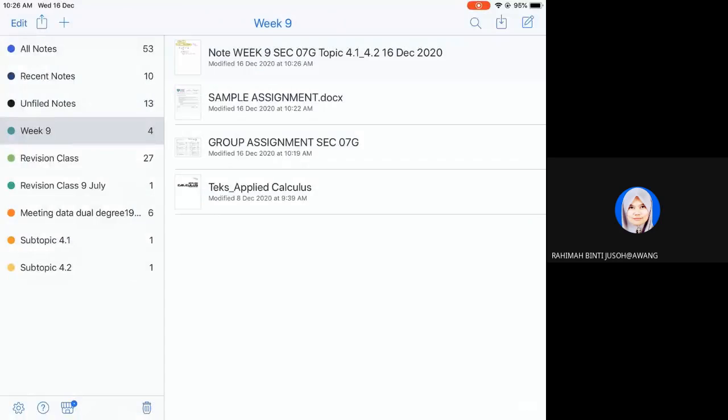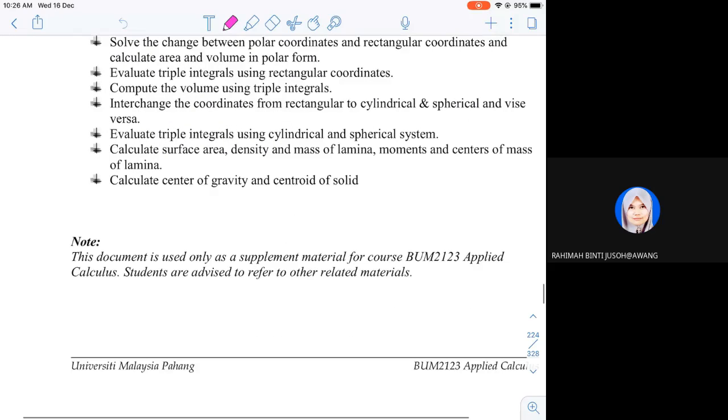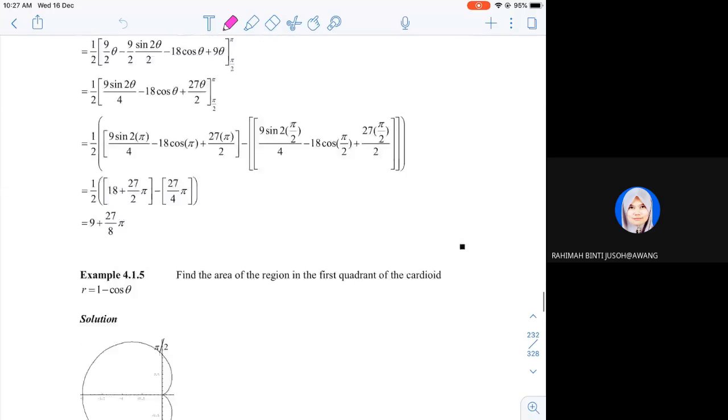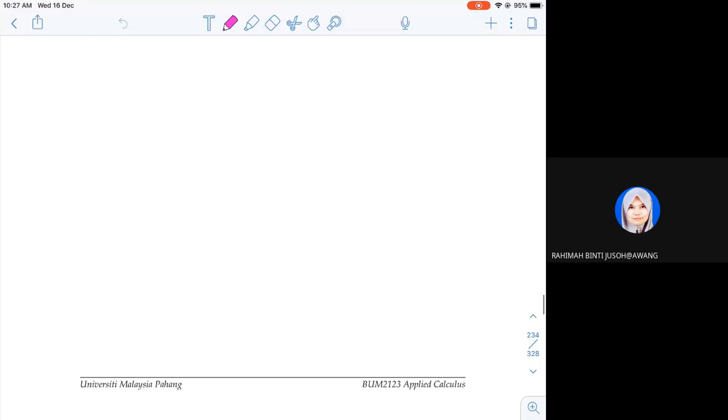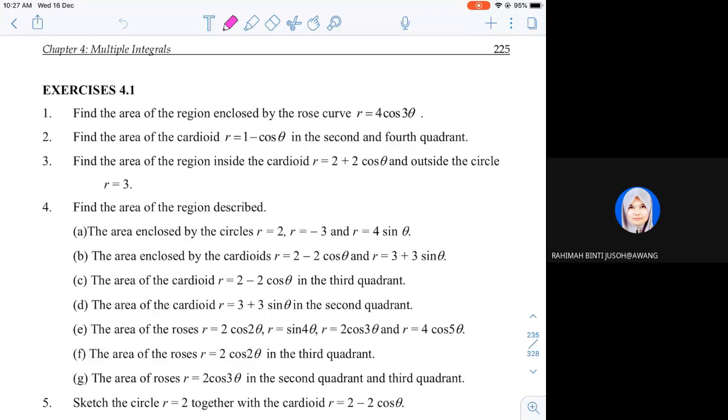Okay, so let's take a look at the exercise 4.1. Alright, so we will solve a few parts of this question. Let us start with question number 1, rose curve.